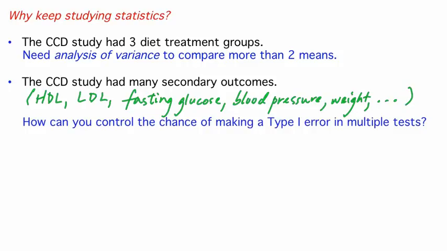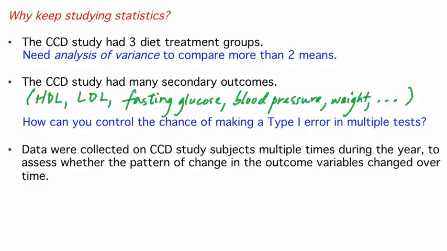Here's one more issue about the CCD study that you may have guessed. The subjects weren't just measured at baseline, and then left for a year and then measured again. Data were collected on the CCD study subjects multiple times during the year. One of the reasons for doing this was to assess whether the pattern of change in the outcome variables changed over time.